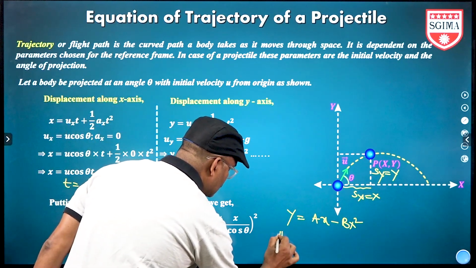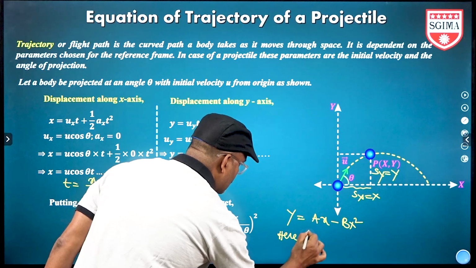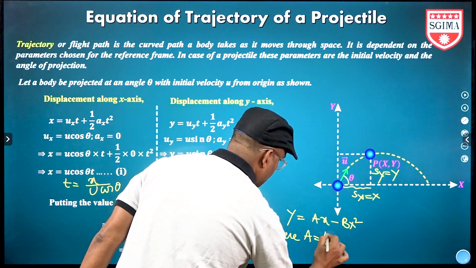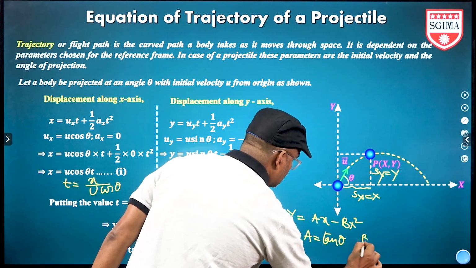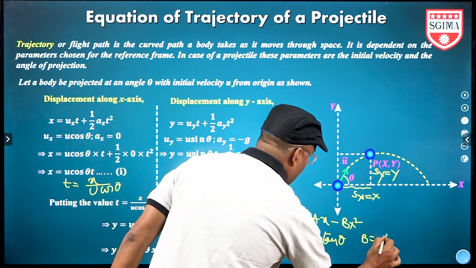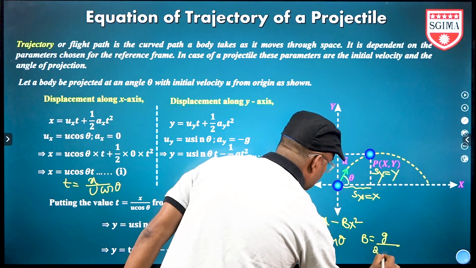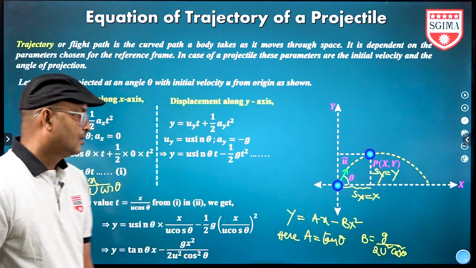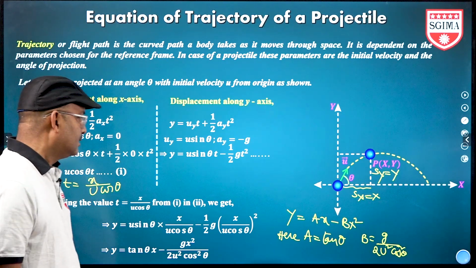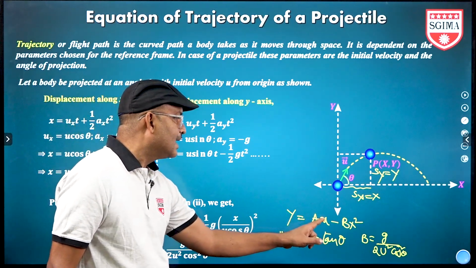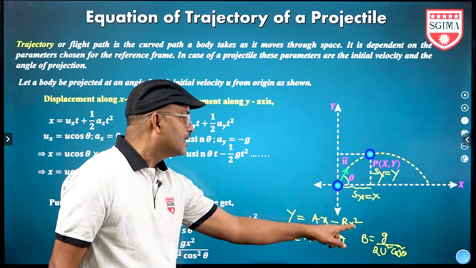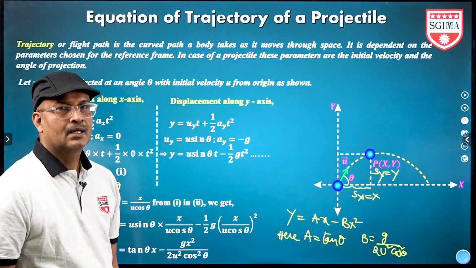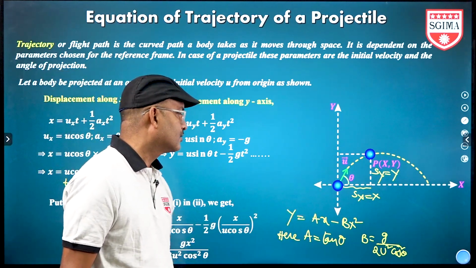Here a is equal to tan theta, b is equal to g by 2u square cos square theta. Then this is y equal to ax minus bx square. It is the equation of a parabola.